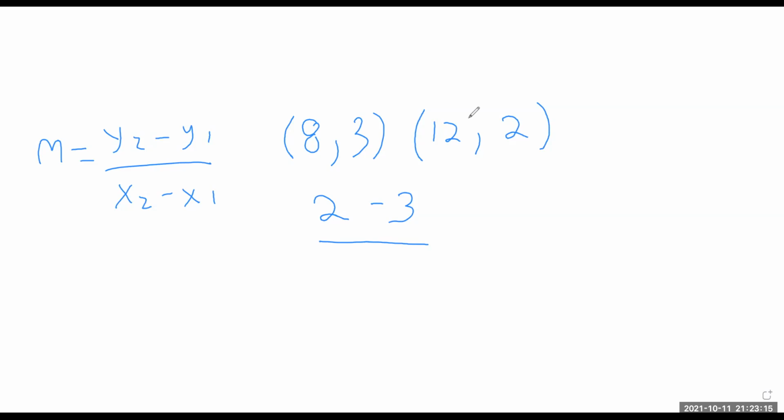I forgot to do this. Label the points 1 and 2. Over our x2, which is going to be 12, minus 8. And so we've got m equals 2 minus 3 over 12 minus 8. Give you a second to try to solve that on your own.